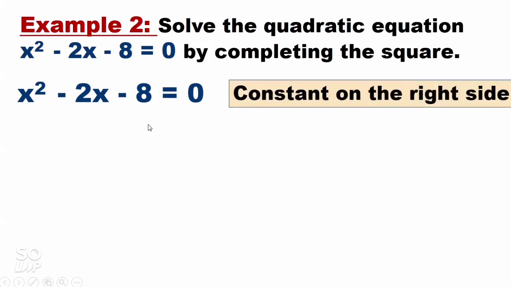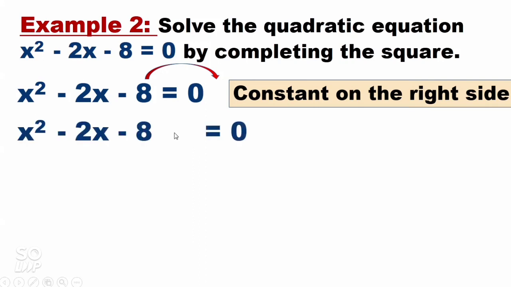We're going to move the constant to the right side, so yung negative 8, lalagay natin sa right side, and iiwan yung may variable dito sa left side. To eliminate negative 8 at mapunta sa kabilang side ng equation, use addition property of equality, mag-a-add tayo ng 8 sa left, and mag-a-add din tayo ng 8 sa right side.